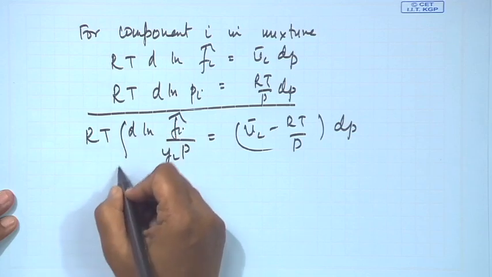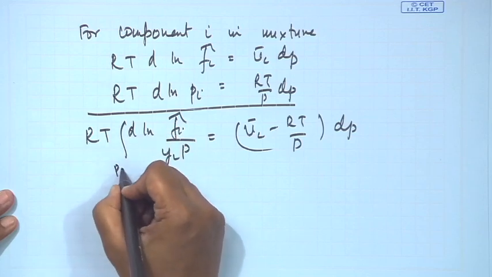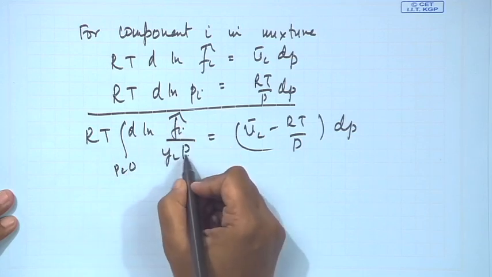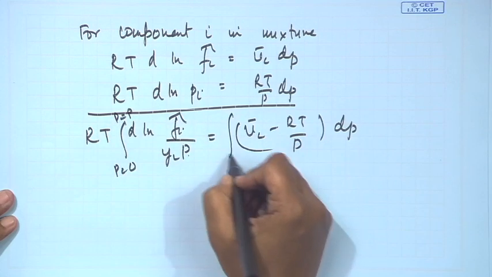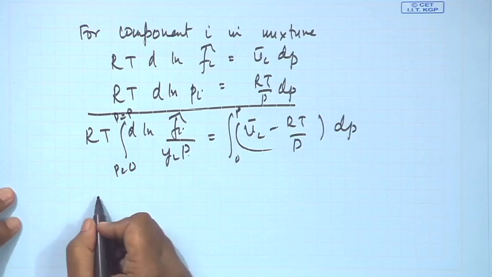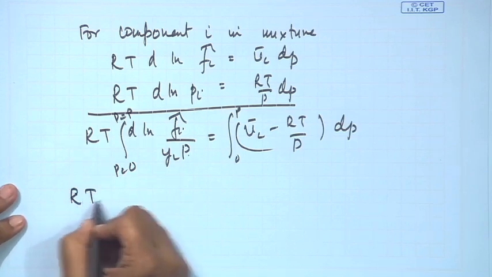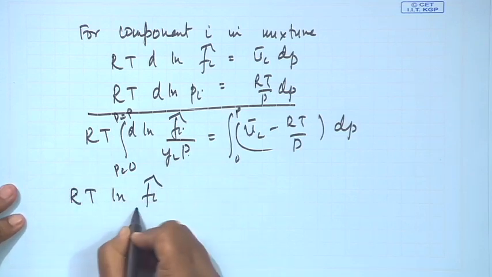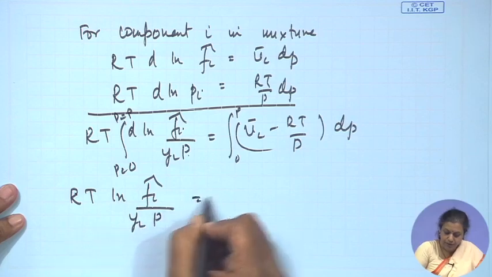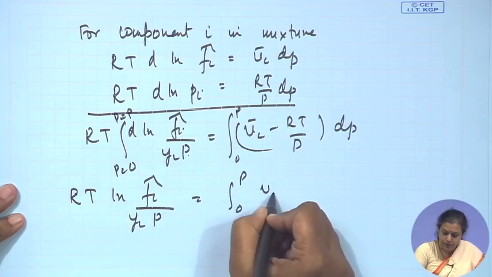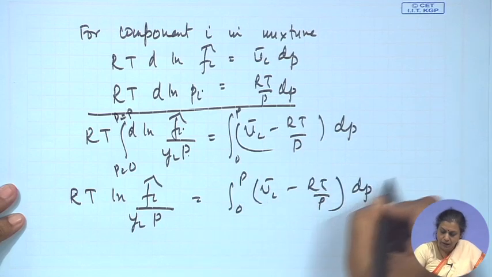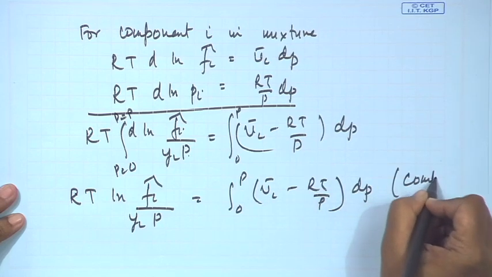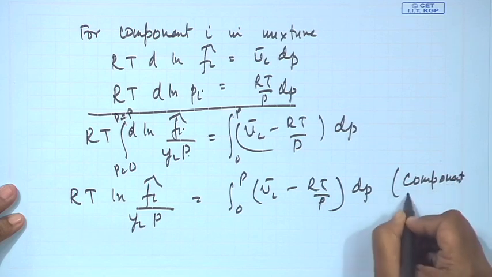If we integrate it again from P equals 0, where Fi bar equals Yi P, to P equals P, where Fi bar equals Fi bar, we get RT ln Fi bar by Yi P equals the integral from 0 to P of Vi bar minus RT by P dP. This was for component I in mixture.